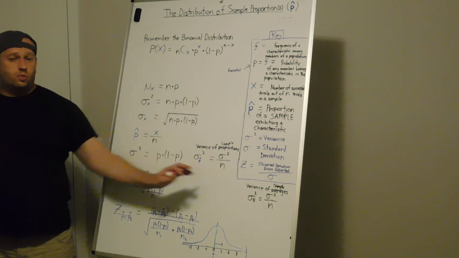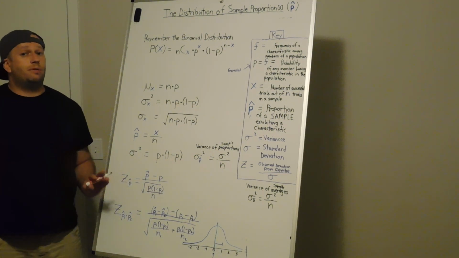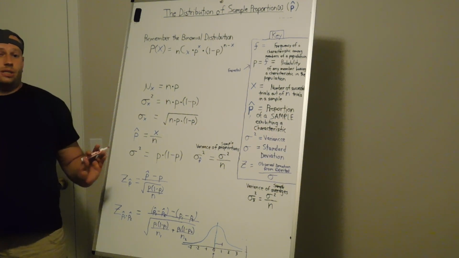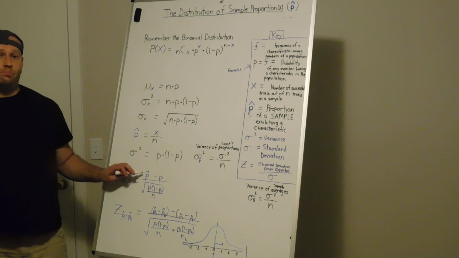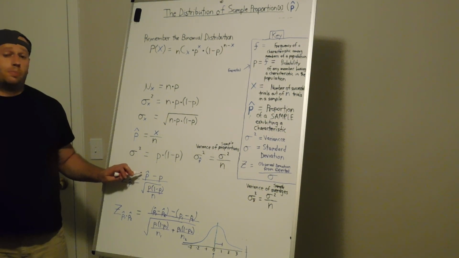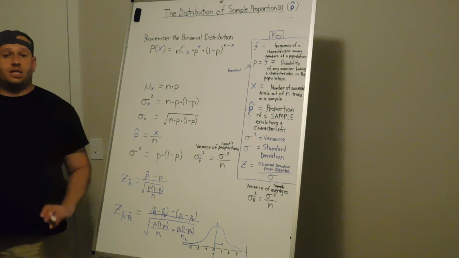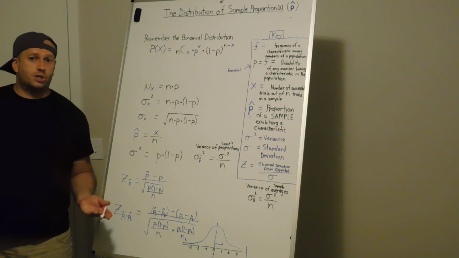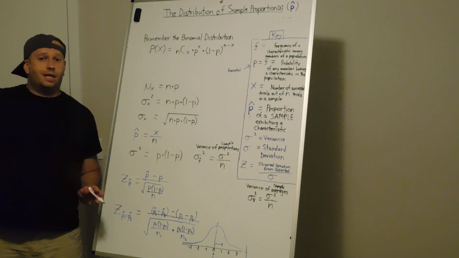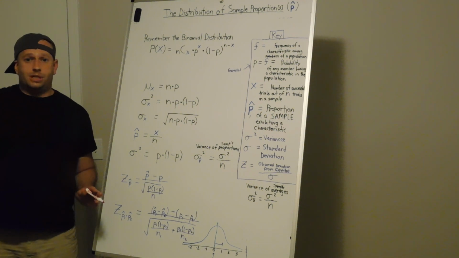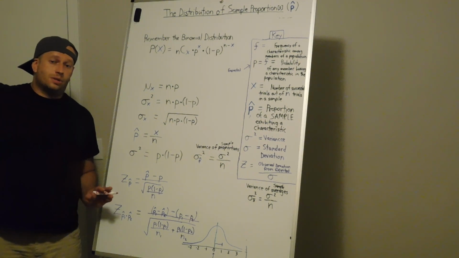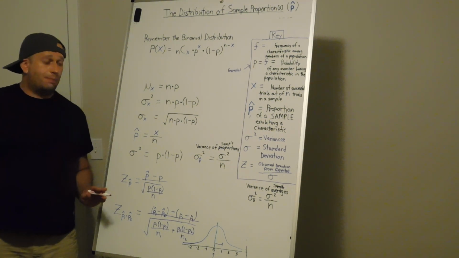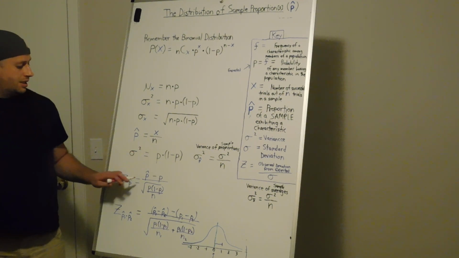So now we can do the same thing we did before to find the distribution of a mean, but we can do it with the proportion. Instead of this being the mean of our sample, this is the proportion of our sample, and we're subtracting from the expected. What is the expected for that proportion? Well, it is the probability of getting one of those in the whole population, because you're taking all of them in the population that have that characteristic, and you're dividing by capital N, the population size, to get that p.